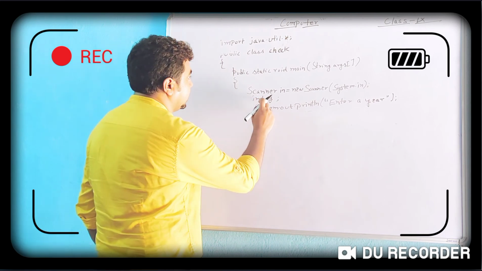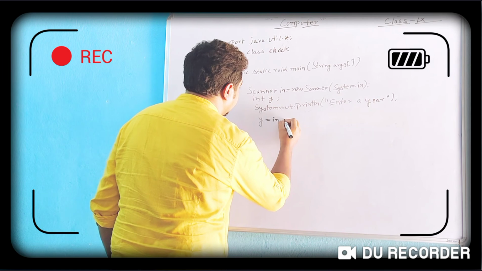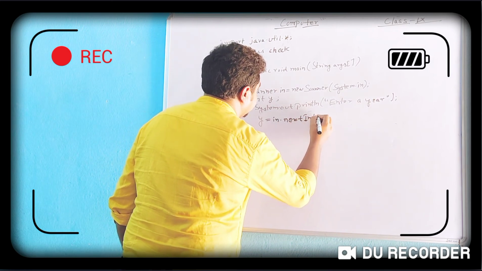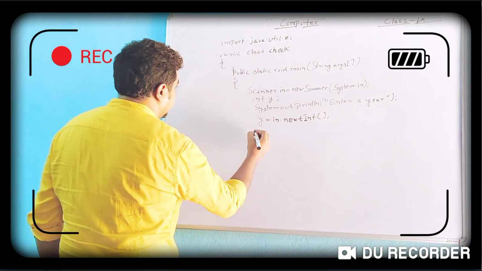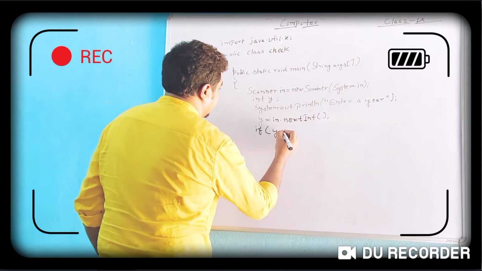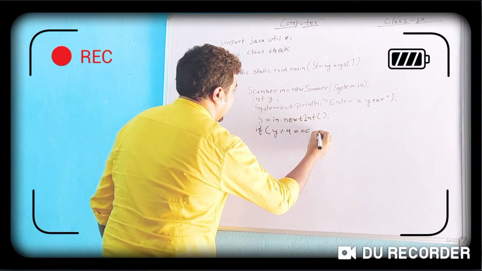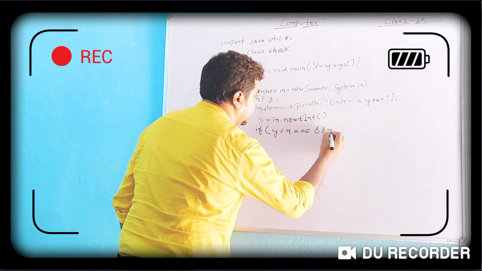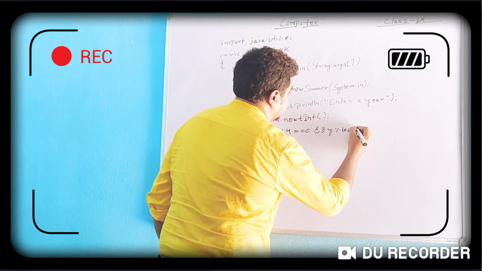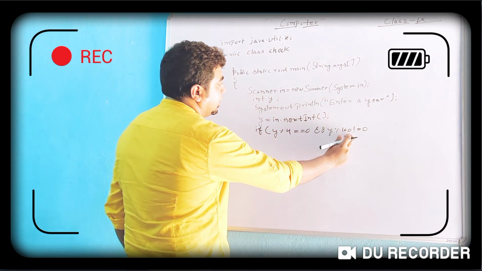So here I have declared one variable y. I am taking y as input, y = in.nextInt(). From here, what we have to do is check if y % 4 == 0, and this is the must condition, and y % 100 should not be equal to 0, means it should not be divisible by 100.